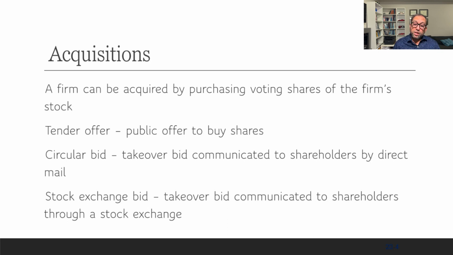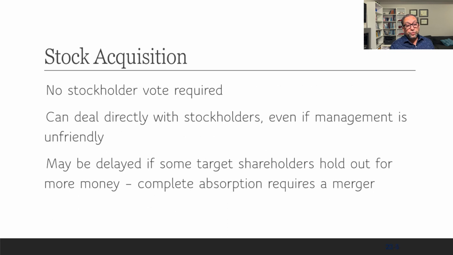So one thing is that the firm itself offers to sell itself. The other one, which we call a circular bid, is where you offer them, okay, I want to buy you at this price. The takeover bid is communicated to shareholders by direct mail. The third one is that you bid through the stock market, where you buy the shares from the stock market. The takeover bid is communicated to shareholders through the stock exchange.